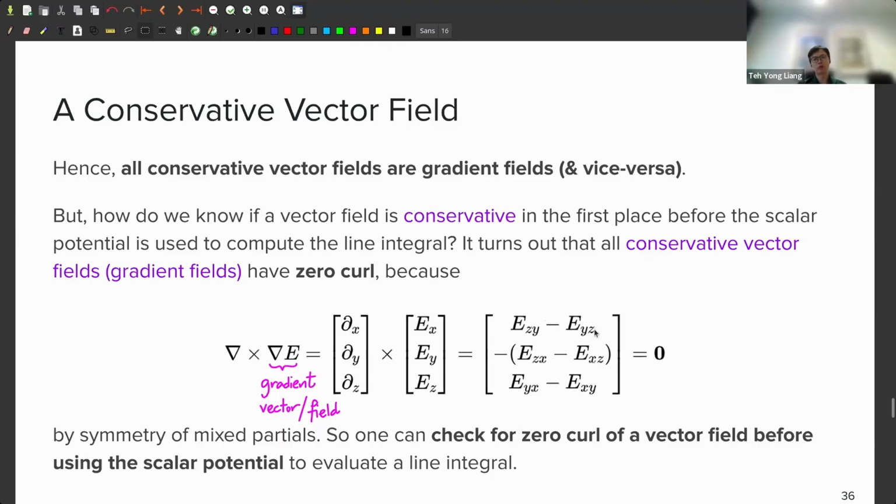In the earlier topic, we noticed that f sub xy is always equivalent to f sub yx. So this is the symmetry of mixed partials. They are always the same, so you just minus off exactly and get a zero vector.